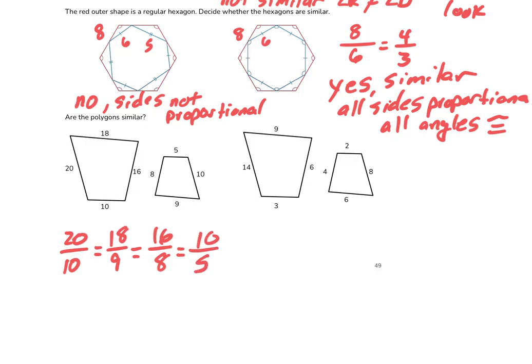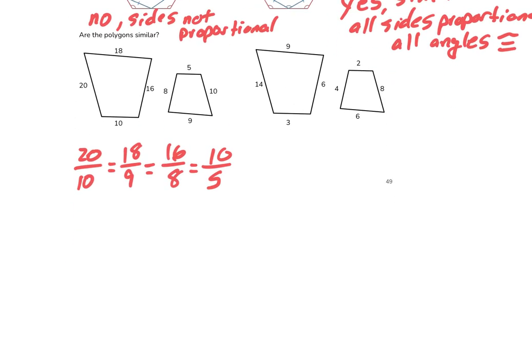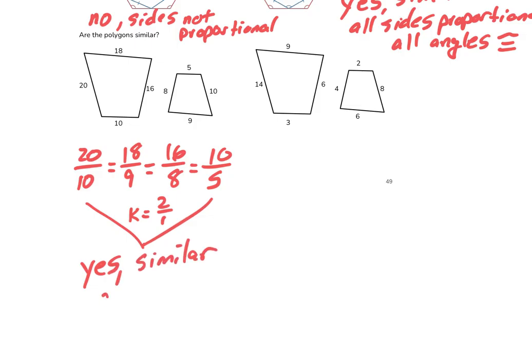If I reduce all of those, what do they all reduce to be? 2 over 1. So we would say, yes, these are similar, as long as all angles are congruent.